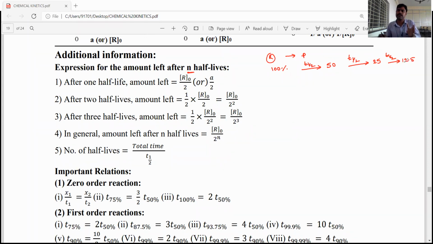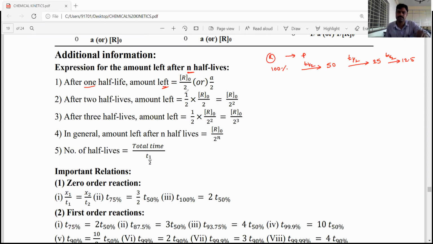As the number of half-life periods increases, the concentration of reactant decreases in first order kinetics. So if after one half-life period the amount of reactant is left, it means 50% of the reaction is over, still 50% of the reactant is left.